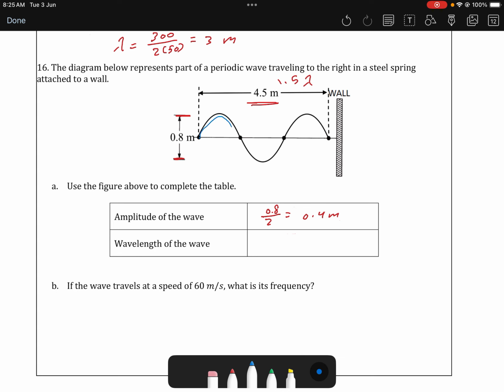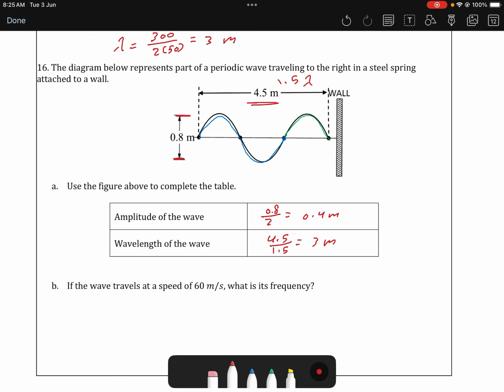This is one wave, and this is a half wave. So 4.5 meters is 1.5 wavelengths. So 4.5 divided by 1.5 gives us one wavelength, which is 3 meters in this case.